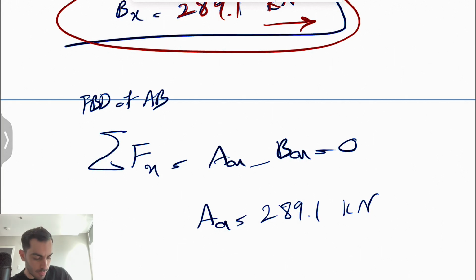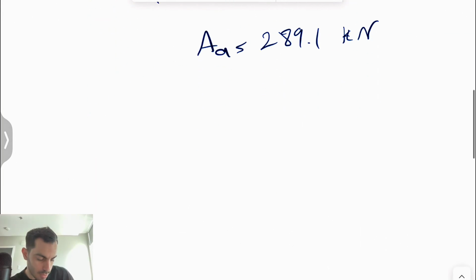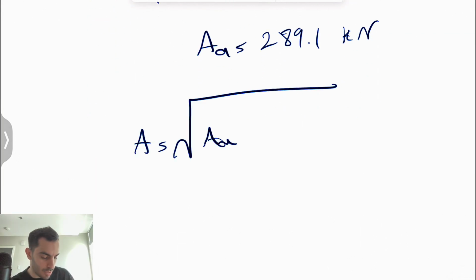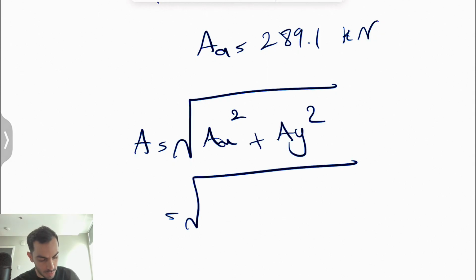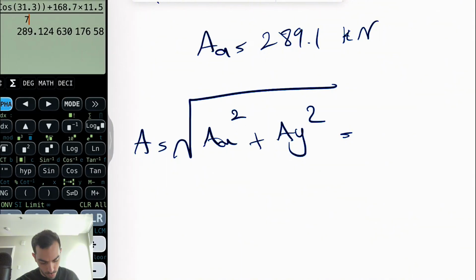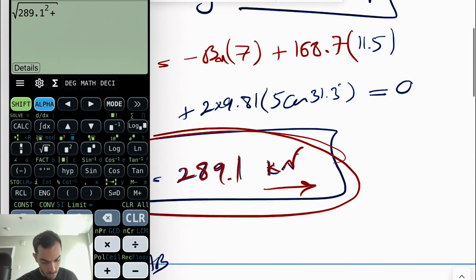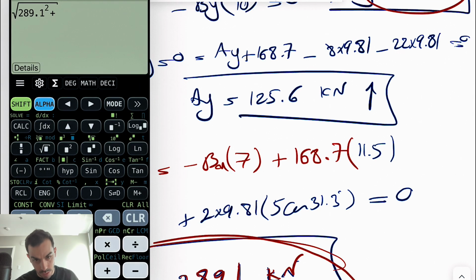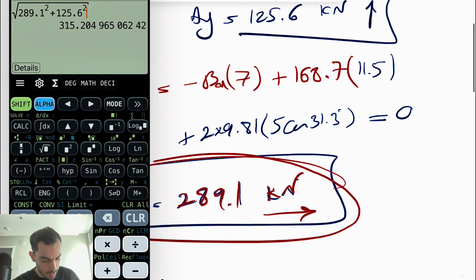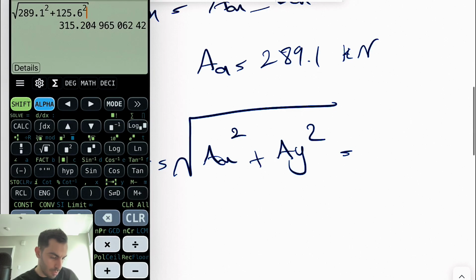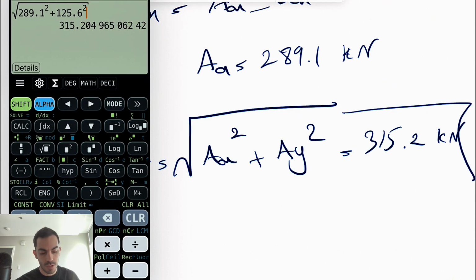And if we want to find the final answer, it is the square root of Ax squared plus Ay squared. So let's just write down the final answer in here. Square root of 289.1 squared plus 125.6 squared. And this is going to give us 315.2 kilonewtons, the final answer for this question.